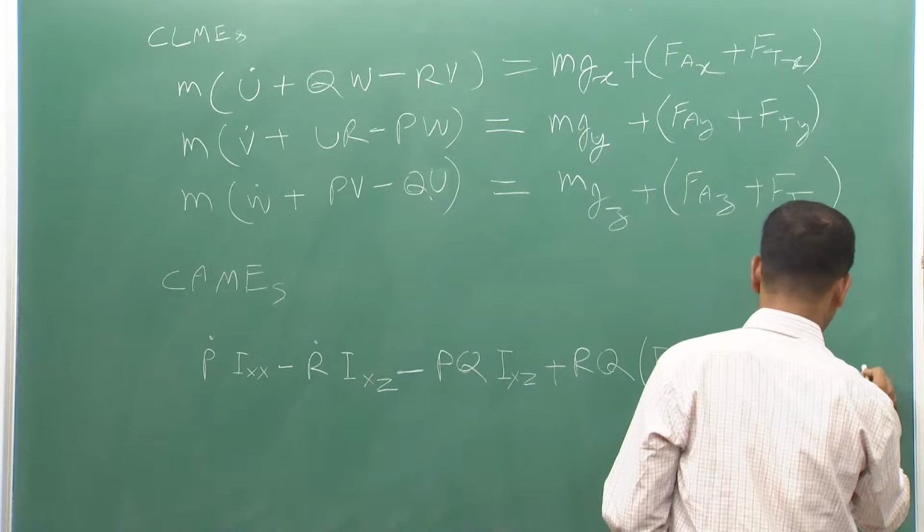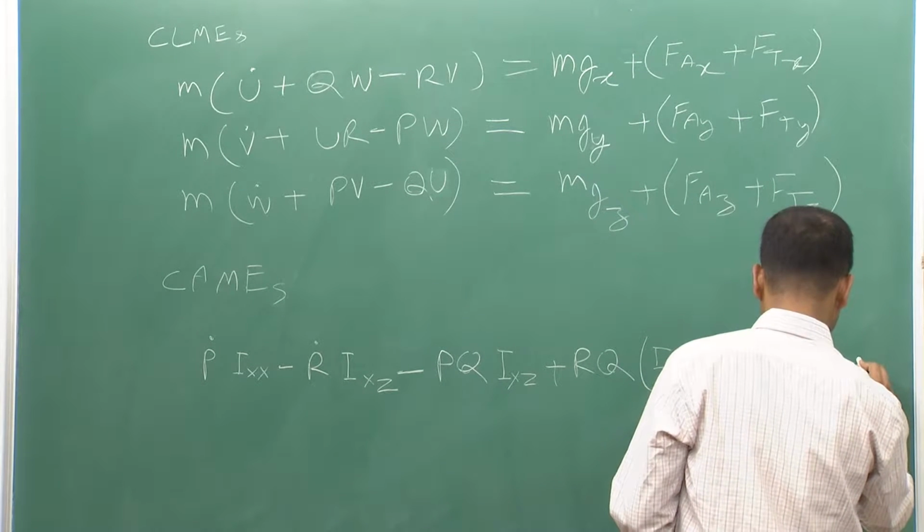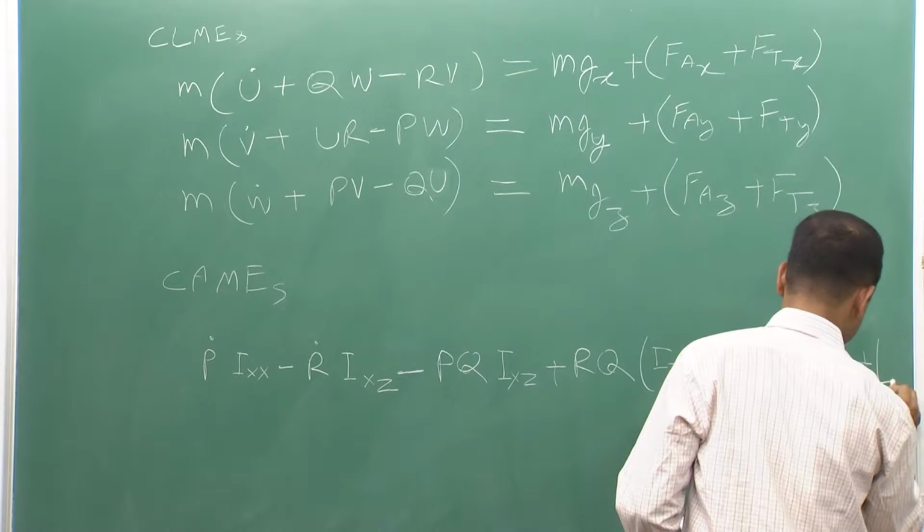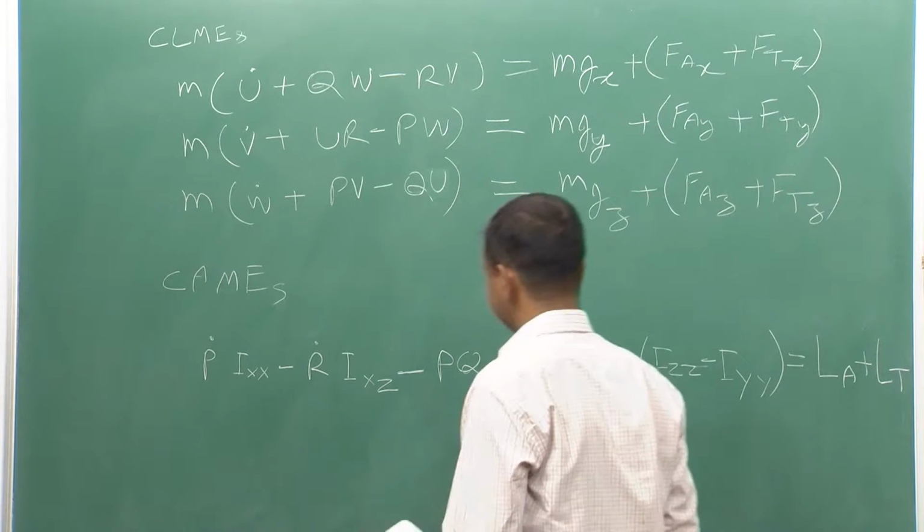The rolling moment due to the aerodynamic force and rolling moment due to the thrust, L A plus L T.